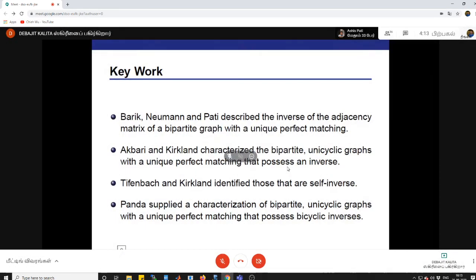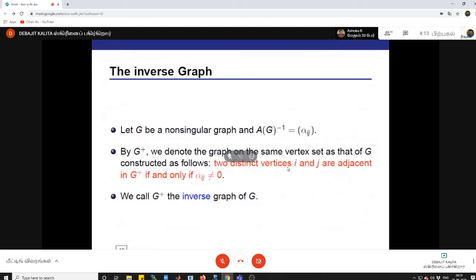Keeping this in mind, we will go further. Now we give the definition of the inverse of a graph in the most natural way. We have a non-singular graph, and we have the inverse of its adjacency matrix, say its ij entry is alpha ij.